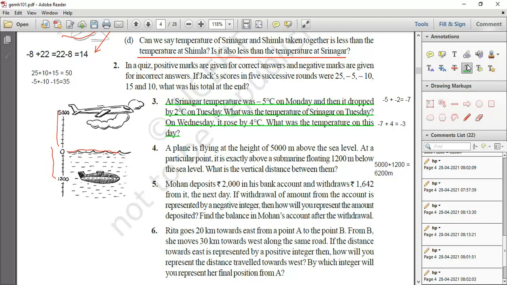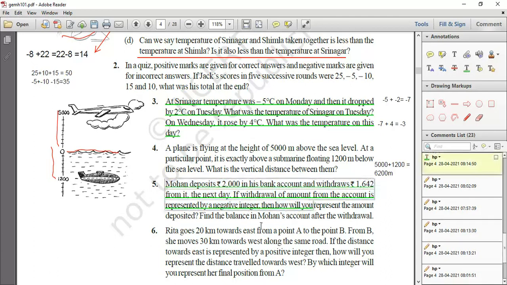So the first work is to divide the question. If you divide them again, you can see them clearly.